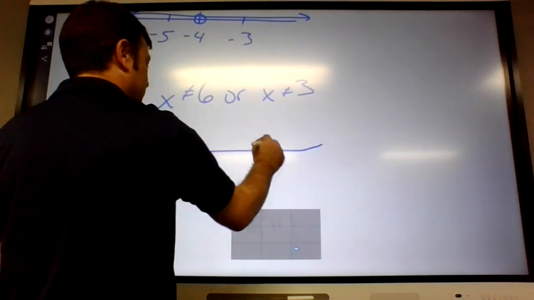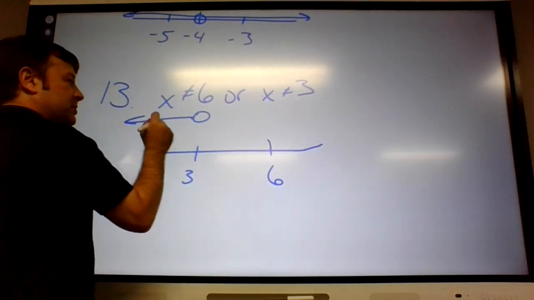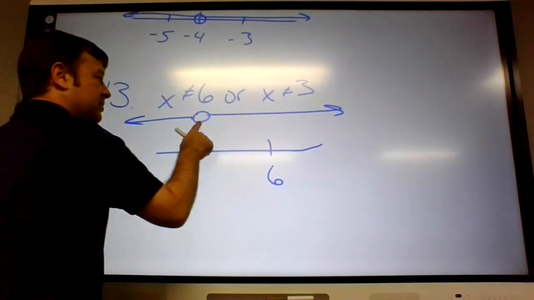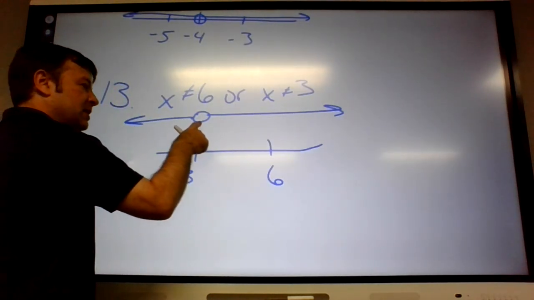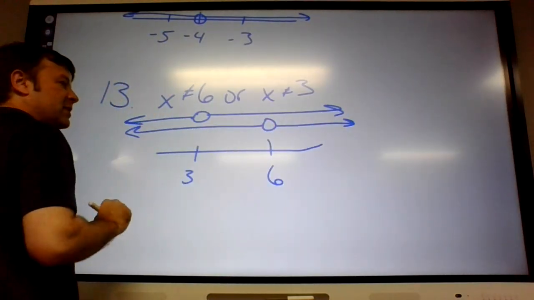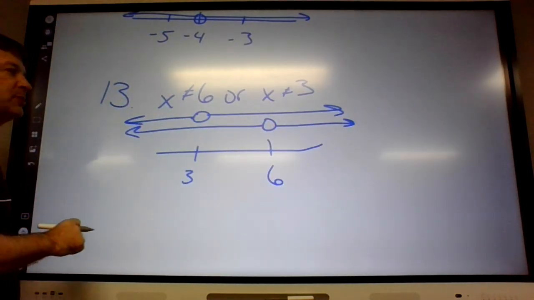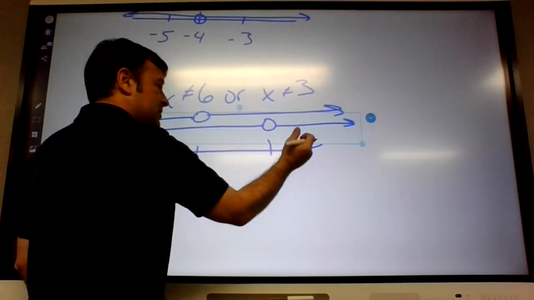Okay, what would that include? You guys remember the graph for not equals to? Not equals to 3 looks like this. Everything but 3. Not equals to 6 looks like that. Everything but 6. So what numbers would be included if we're talking about numbers not equal to 3 or not equal to 6?